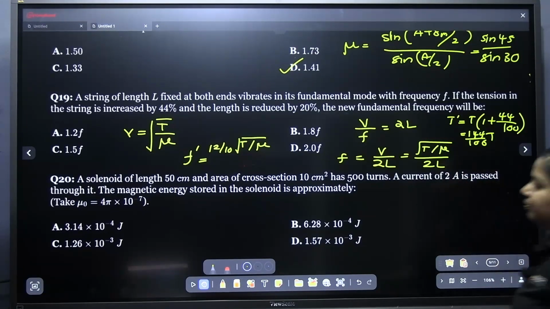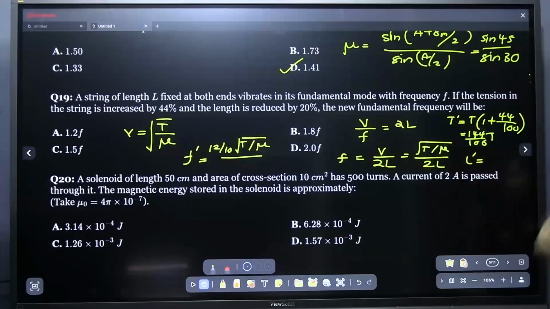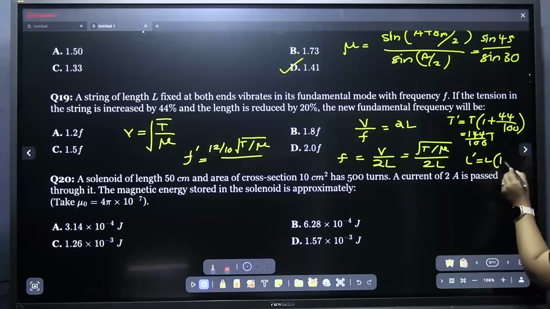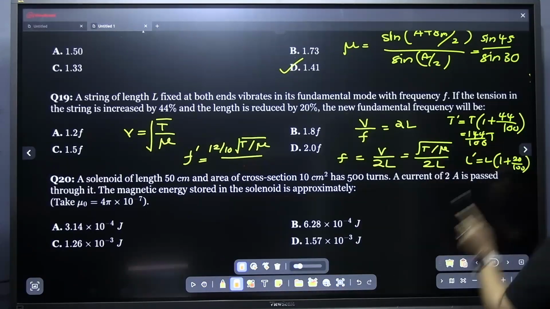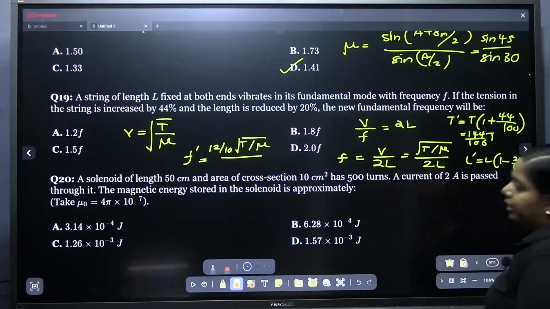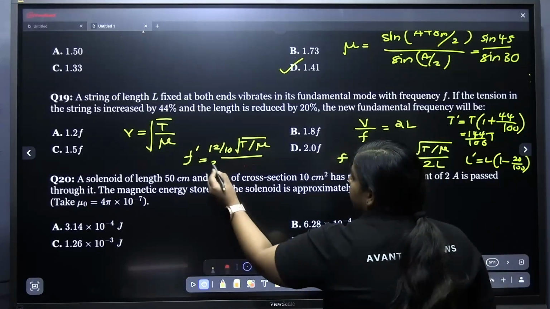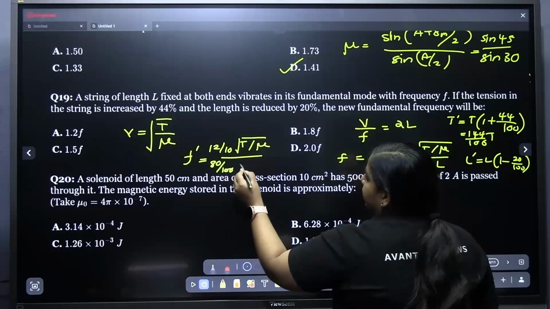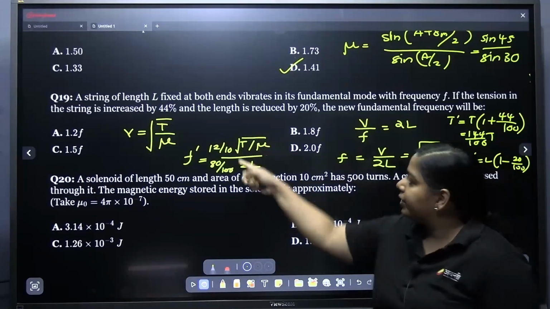Next is length. The new length L dash is reduced by 20%, so L into 1 minus 20 by 100, which is 80 by 100 L. So we get 80 by 100 into 2L, and the rest is our f.